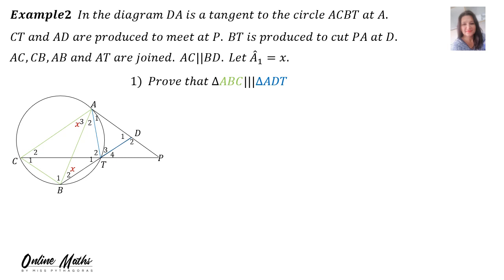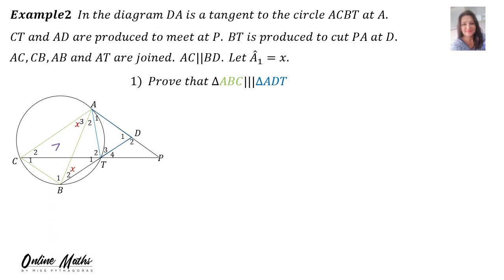Example 2. In the diagram, DA is a tangent to the circle ACBT at A. CT and AD are produced to meet at P. BT is produced to cut PA at D. AC, CB, AB and AT are joined.